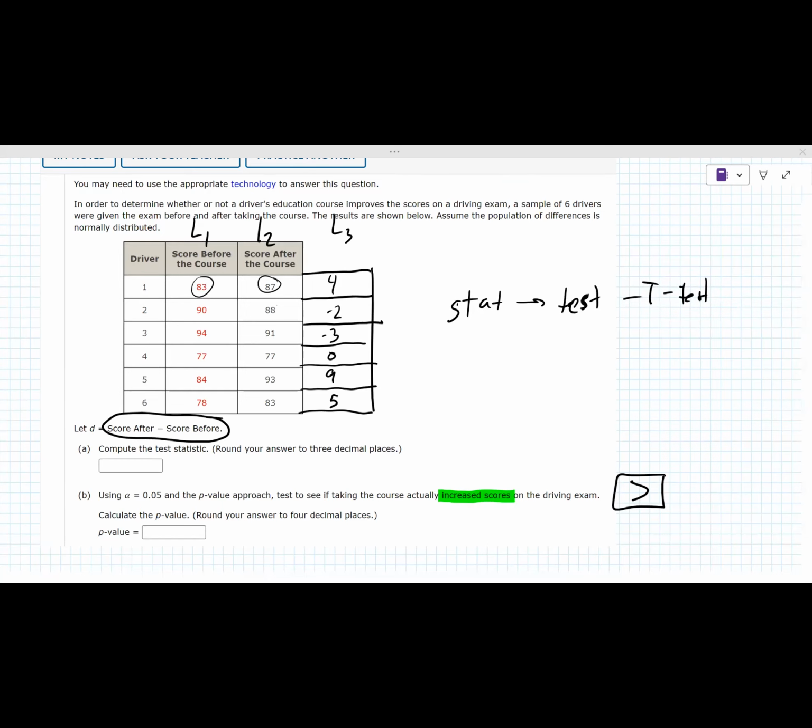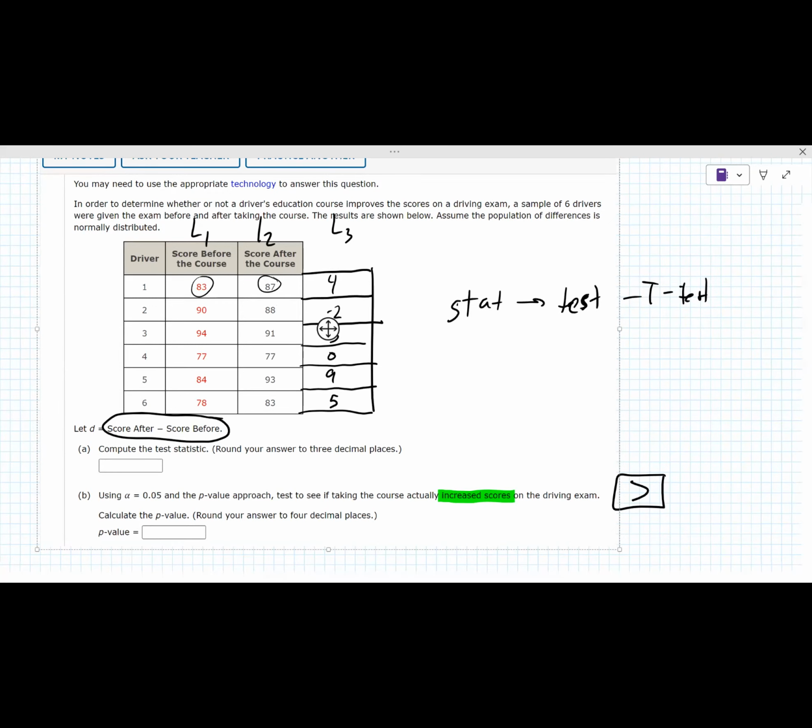Okay, I got 3.068. Sorry, I'm just getting caught up to you. The T is 3.068.